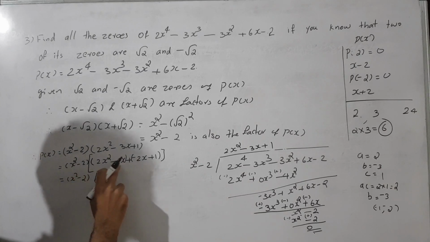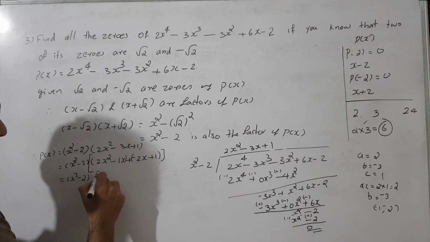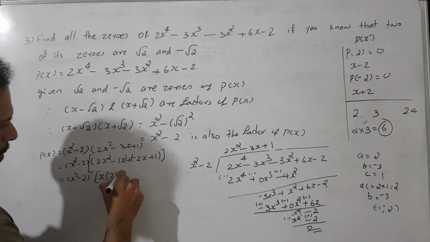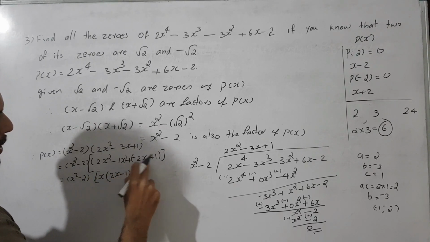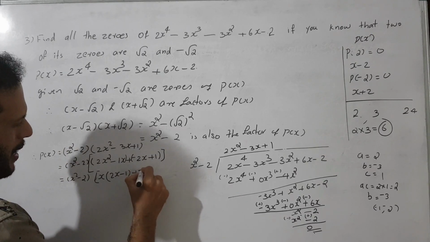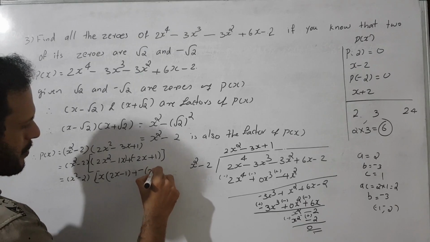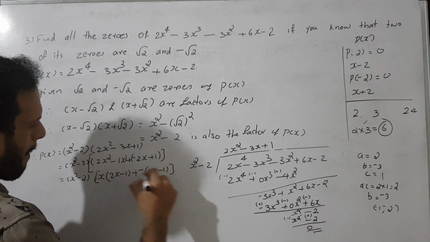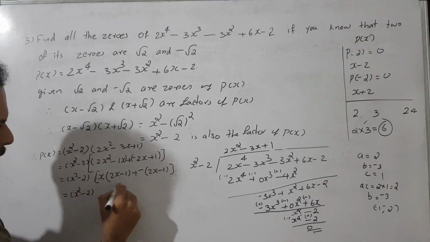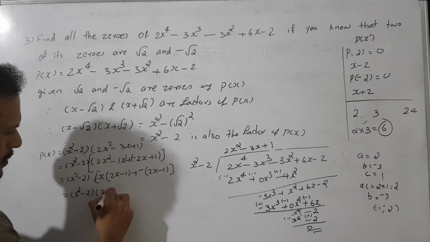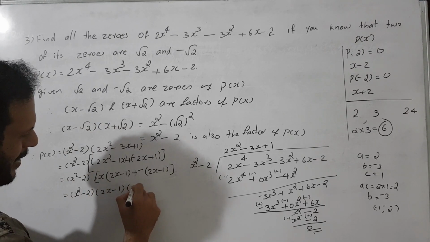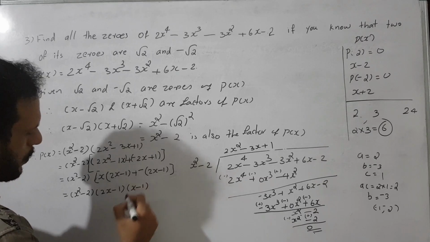What is common here? X is common, so we take x out: x into 2x minus 1 plus, minus is common, so we take minus out, then 2x minus 1. Then x square minus 2, now 2x minus 1 is common, into x minus 1.